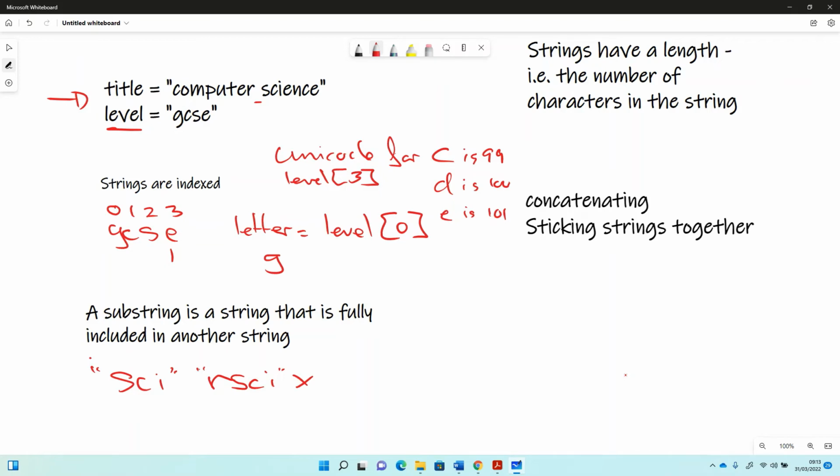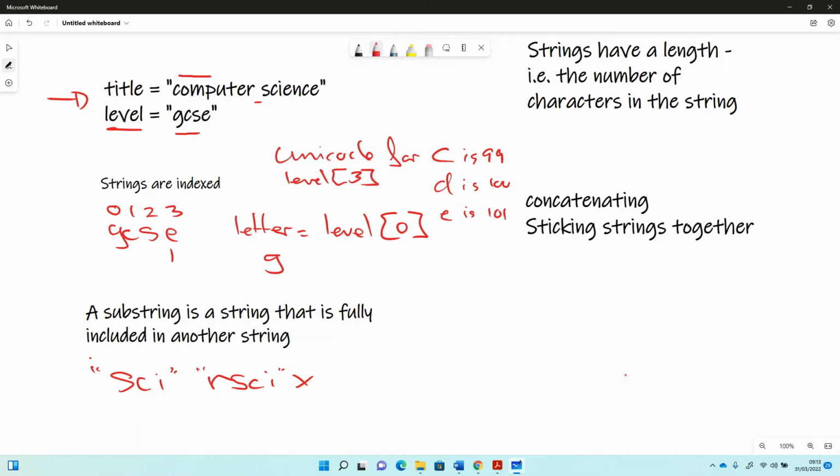All they wanted you to do was choose from a list of different ones which one was a substring. So you just need to look at whether it's in. GCS is a substring of this one. COMP is a substring of this. But PUTERS is not, because of the space. So you've got to think about how they work.